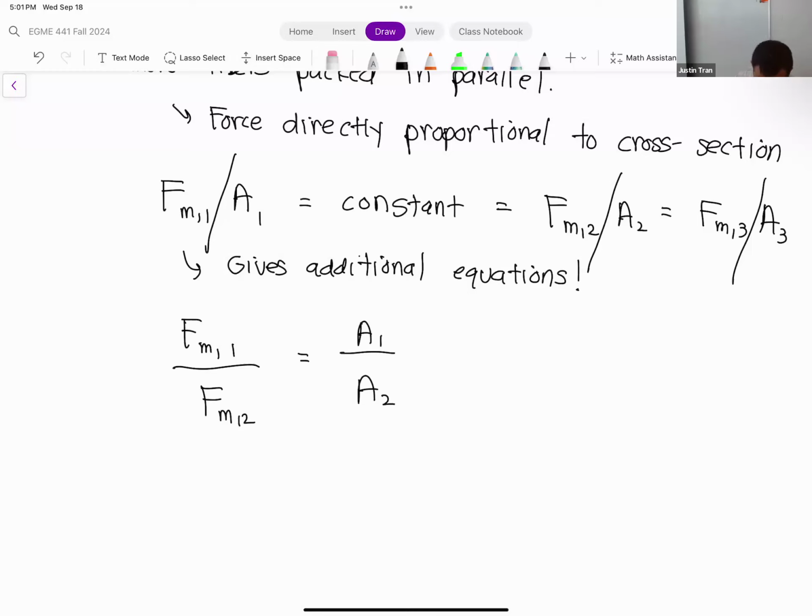All right, and then similarly, we can set up another situation. Let's say that we make a relationship between muscle 1 and muscle 3. So you have FM1 divided by FM3 is equal to A1 over A3.